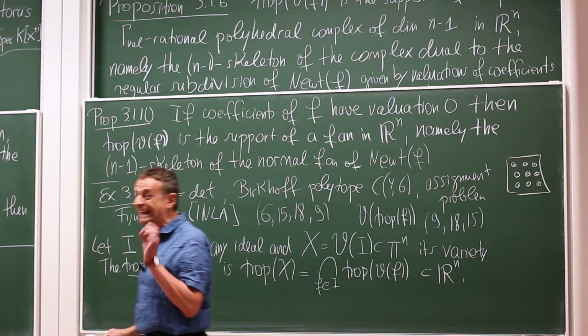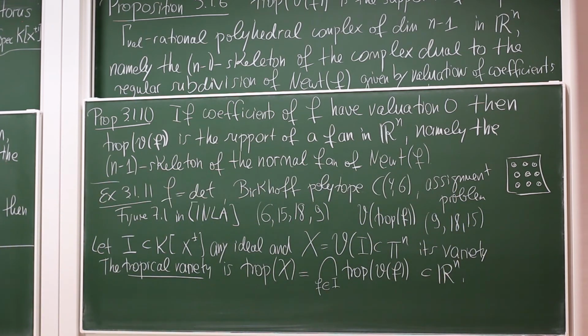So I take all infinitely many polynomials f in the ideal I, carry out this construction infinitely many times, get subsets of R^n having these properties, and I intersect them all. That's a subset of R^n.